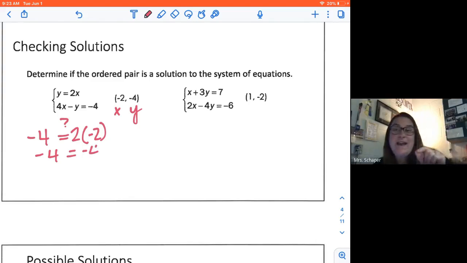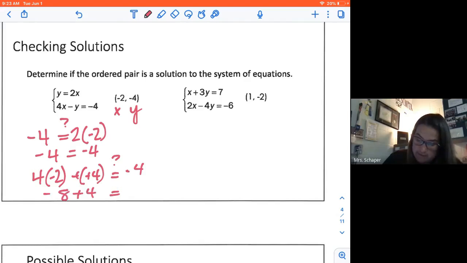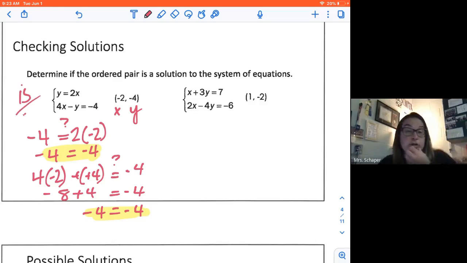Now, the issue is it has to be the same for both of them. And so is 4 times -2 minus -4 the same as -4? Is -8 plus 4 the same as -4? And because both of these come out to be identical, then what we can say is it is a solution. It works.